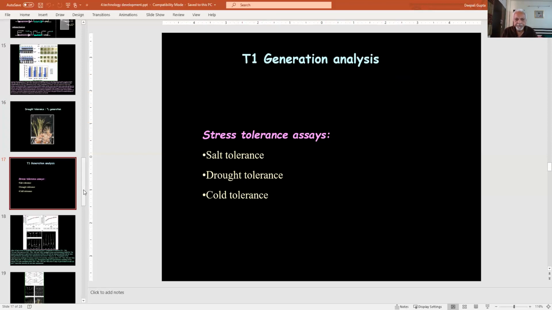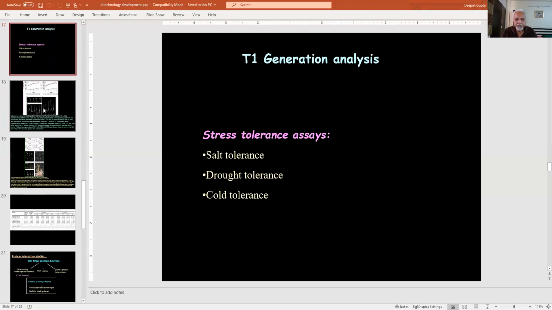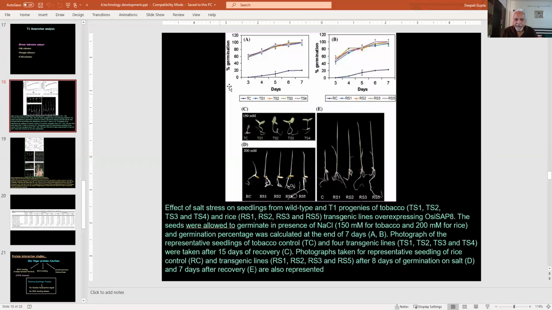So if you look at this, as I mentioned in my previous presentations also, one of the parameters which is looked at is the seed germination itself. It is very, very sensitive to stresses.